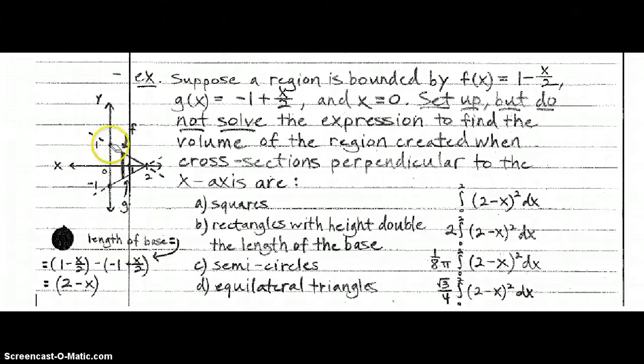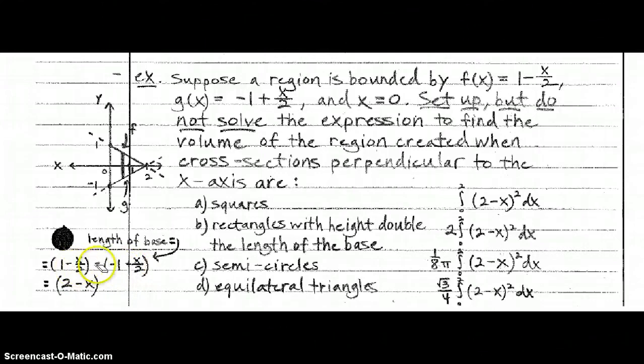I take my top function, 1 minus x over 2, and I subtract my bottom function, negative 1 minus x over 2, and I simplify. So 1 minus negative 1 becomes 2, and negative 1/2 x plus 1/2 x. Oh, I'm sorry, that should be a plus sign there.